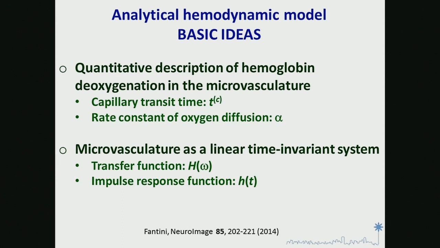So the model obtains an analytical and quantitative description of the desaturation of hemoglobin in response to a step change in blood flow velocity. Now, of course, this is a very special case.